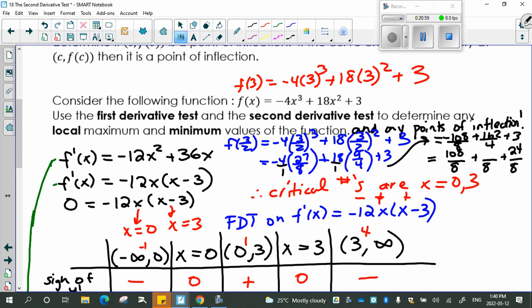Just have to multiply 162 by 2. Yep. So that's going to be 108 plus 324 plus 24, 456 over 8.